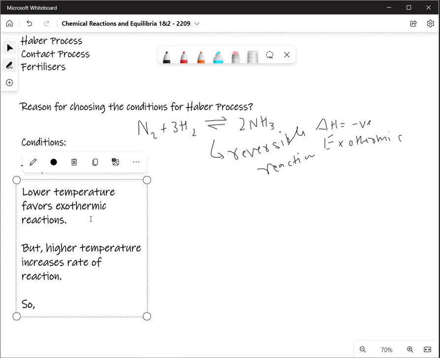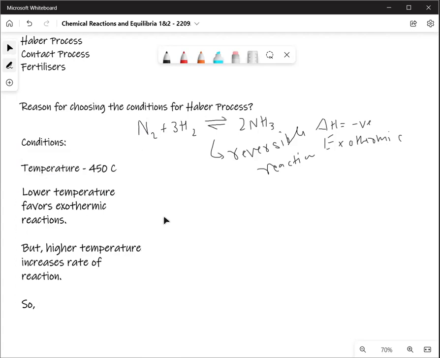But sir, the Haber and contact processes have the same temperature. Yes, both of them are exothermic. Right now we're looking at the Haber process only, not the contact process.